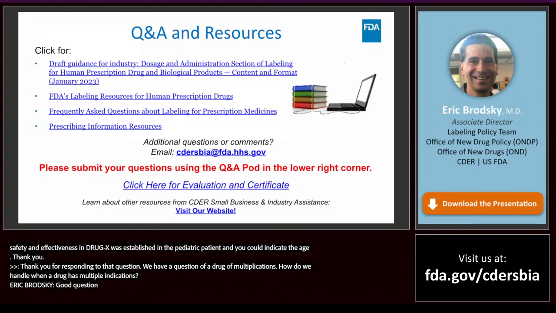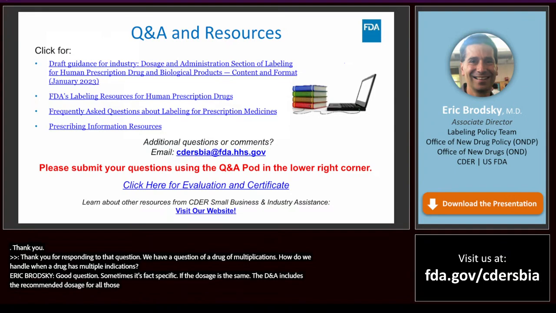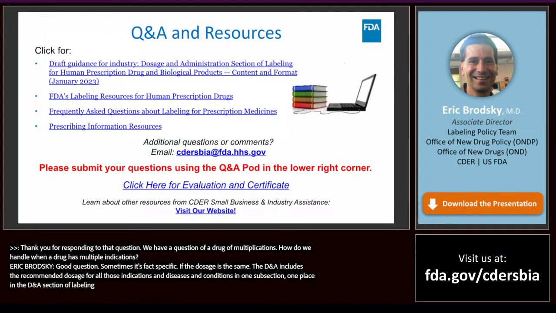What we try to do, if the dosage is the same, the DNA section of labeling guidance recommends including the recommended dosage for all those indications, all those diseases and or conditions, in one subsection or one place in the DNA section of labeling. Sometimes even if they're different, one can consider using a table.